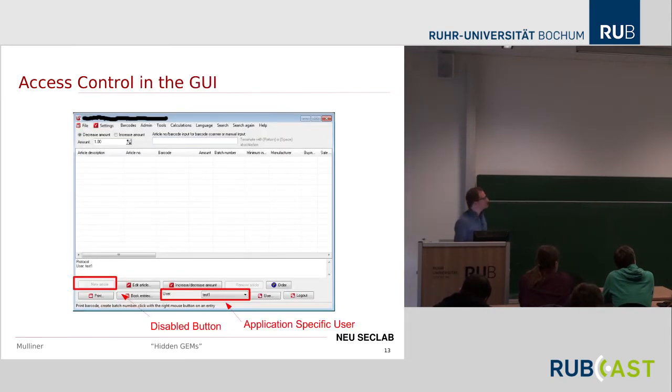If you take a look at a very simple application, you see there's a disabled button down here. There's a user down here. So this button might be used for access control to a certain functionality. In this case, this is just a very simple inventory management application.